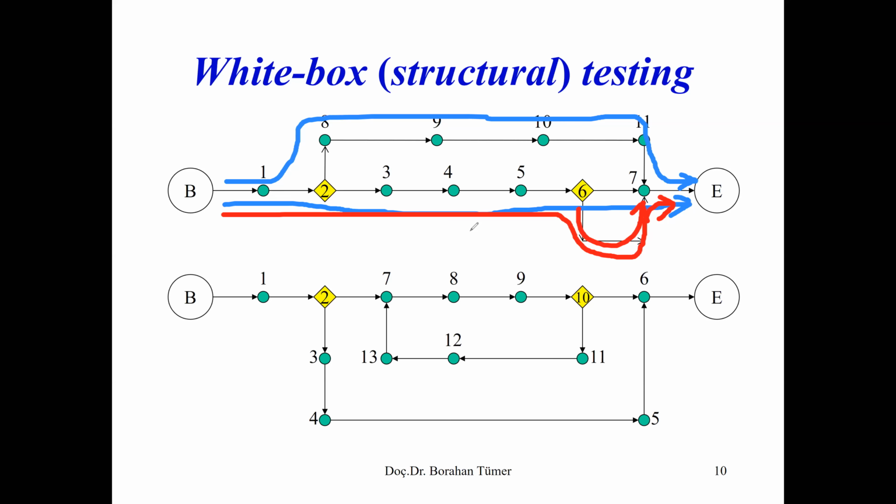Okay, so the execution paths I drew using the colors blue and red, do they also tell you why complete branch coverage subsumes, includes, contains the complete statement coverage criterion? Do you understand that too? Okay, great.